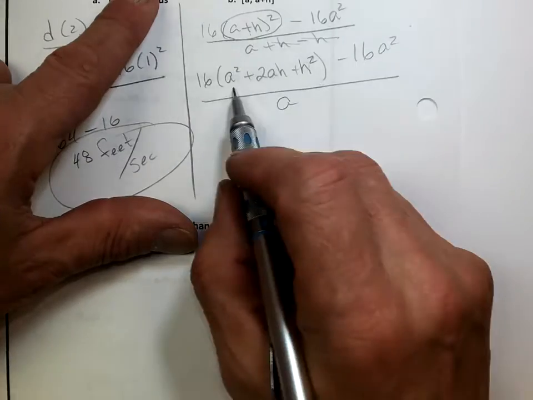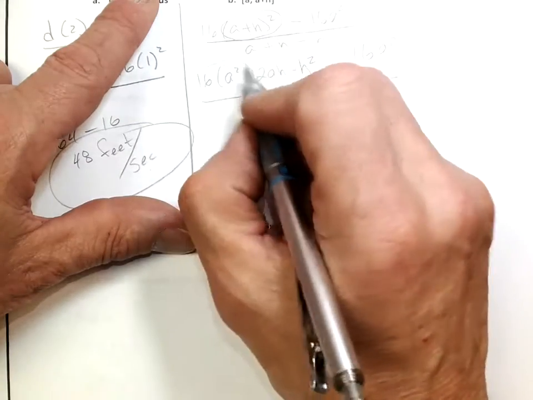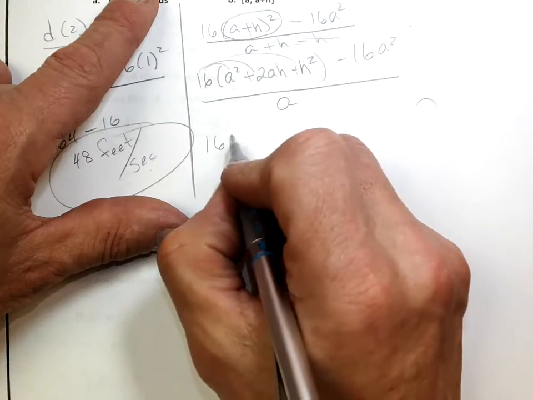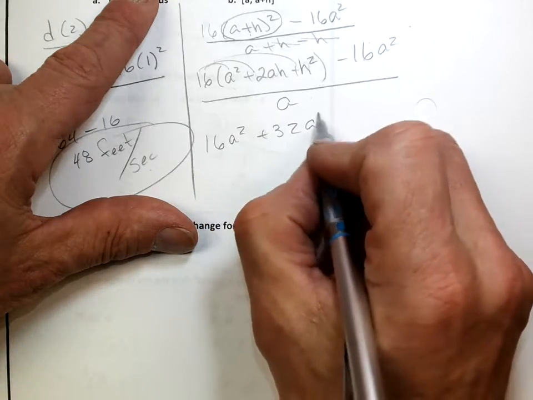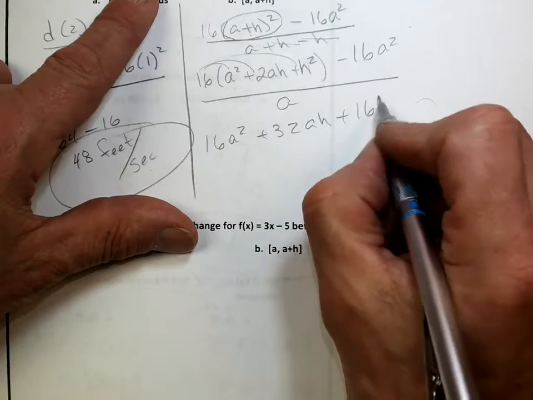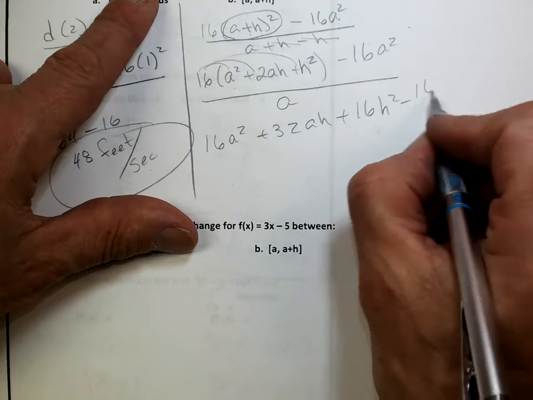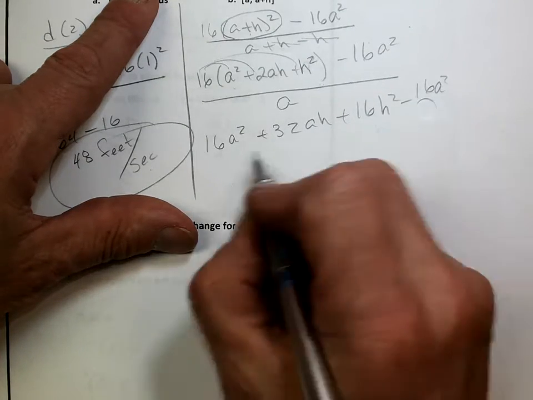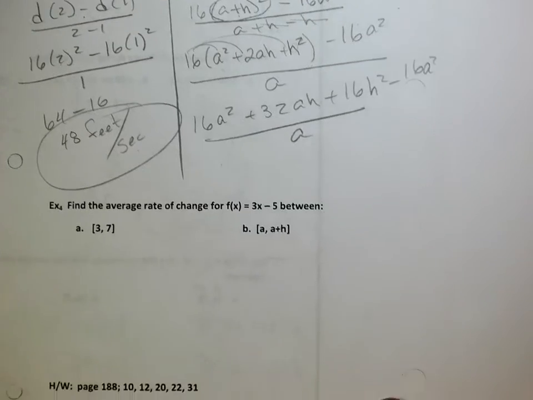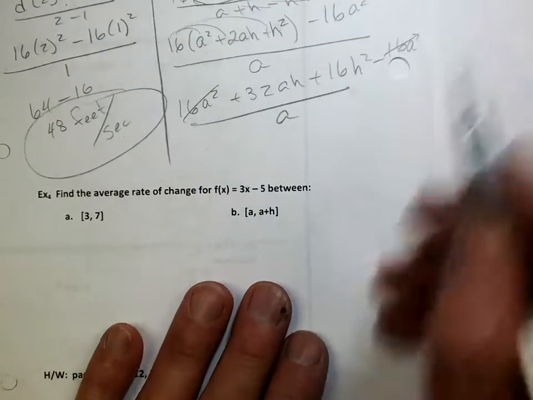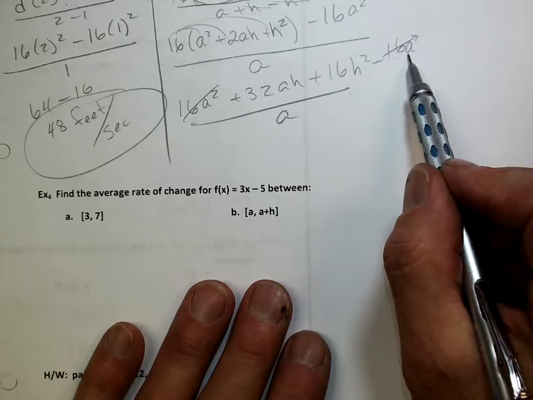Okay. If I distribute, I'm going to get 16a squared plus 32ah plus 16h squared minus 16a squared, all over h. How am I doing? Yeah, they cancel. Remember we talked about that: everything on this back side will always cancel.